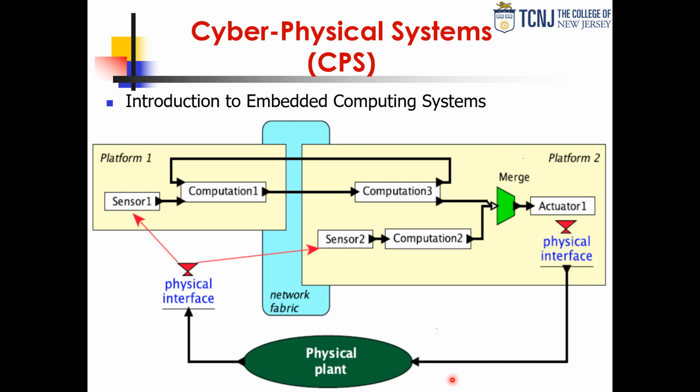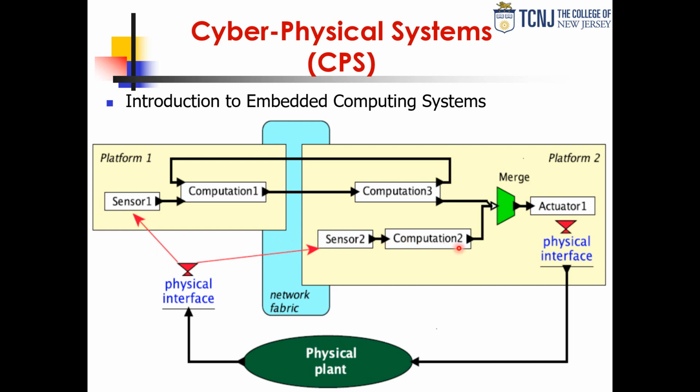We have two platforms, one in one section, one in the other. And you may have a sensor and some computation in platform number one, and that output goes to some computation in platform number two, which is using data from this physical interface point that goes to sensor one here and sensor two here with some computation.